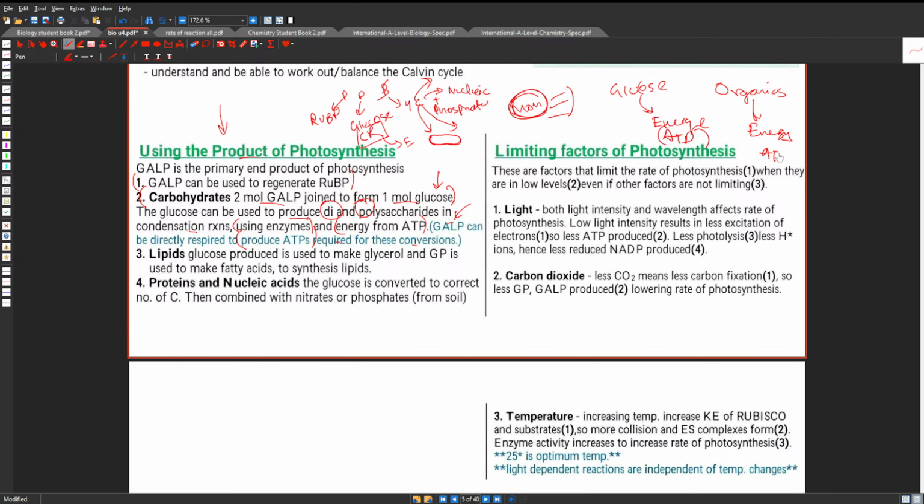So when we think of glucose and other sugars, and in this context GALP, these break down to form ATP, which is your energy. ATP and energy are the same exact thing, because you break ATP down and you couple that reaction with something that requires that energy.